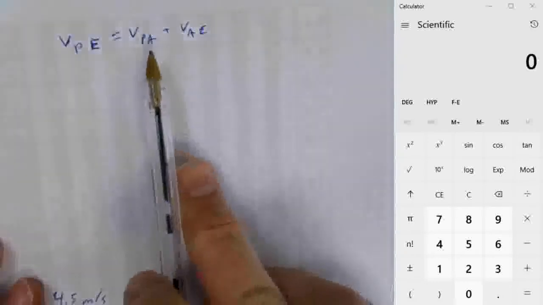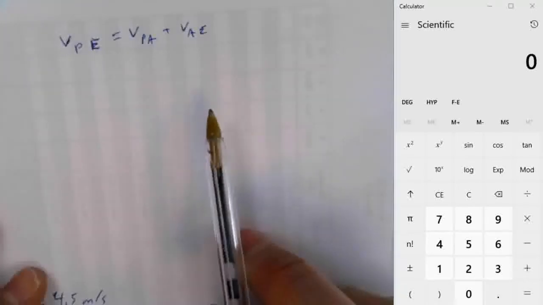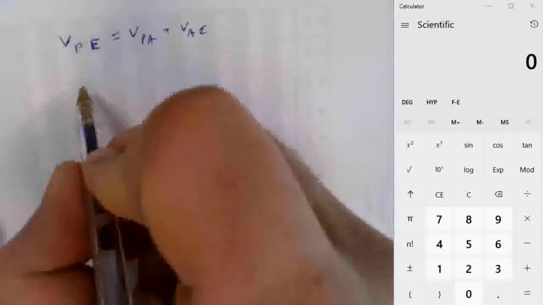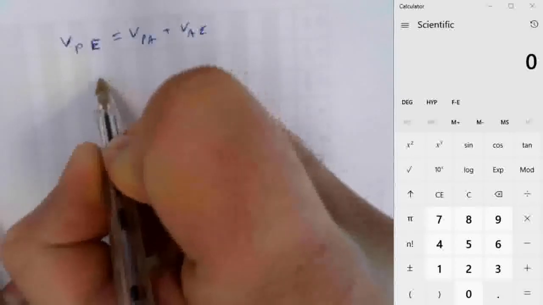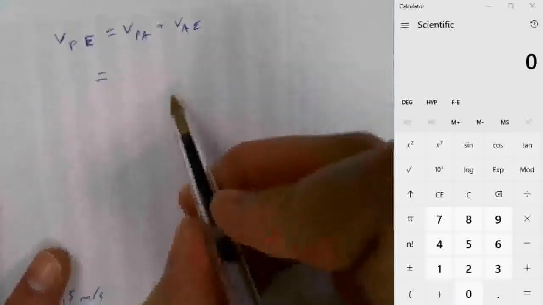So we can do that by finding that value, VPE. VPE is equal to VPA plus VAE. That is, VPA is the velocity of the plane relative to the air, and VAE is the velocity of the air relative to the Earth. So in this case, VPE is going to equal, first we'll write our VPA, that's the plane relative to the air.